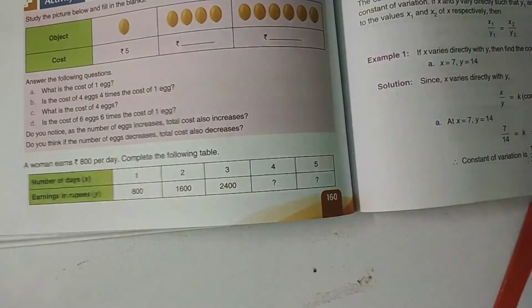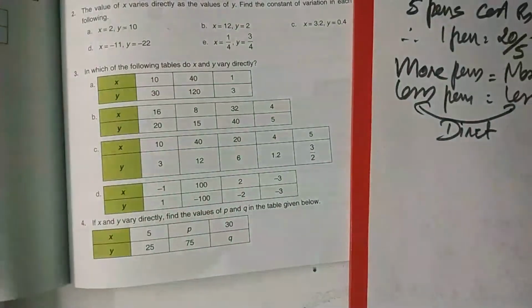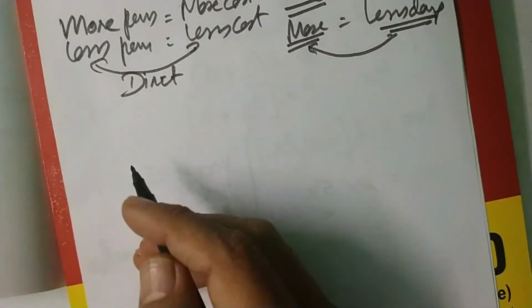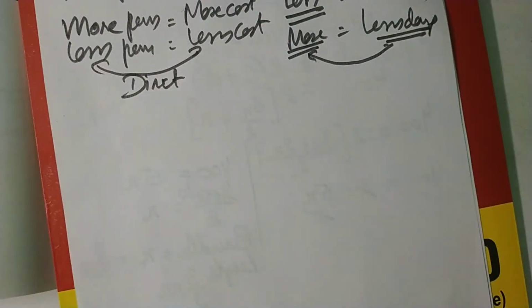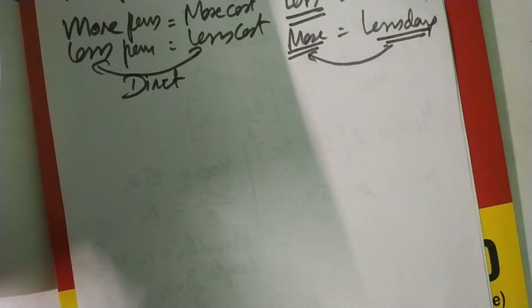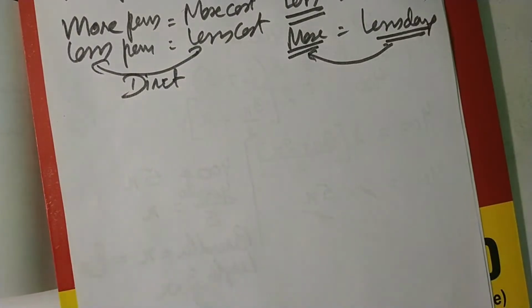So now let's see an example here, and let's come to the exercise. First we will see the meaning of the question. In this exercise the examples of test yourself are not given. They have given value questions and cost questions.